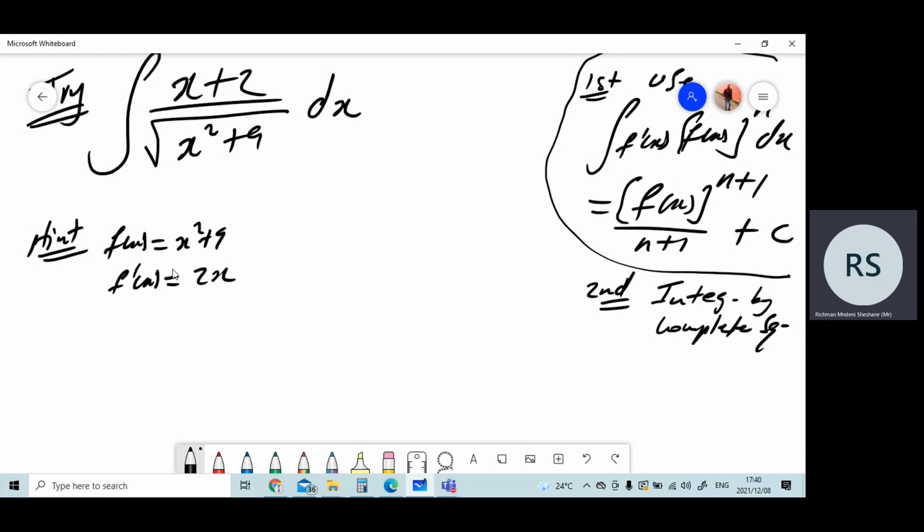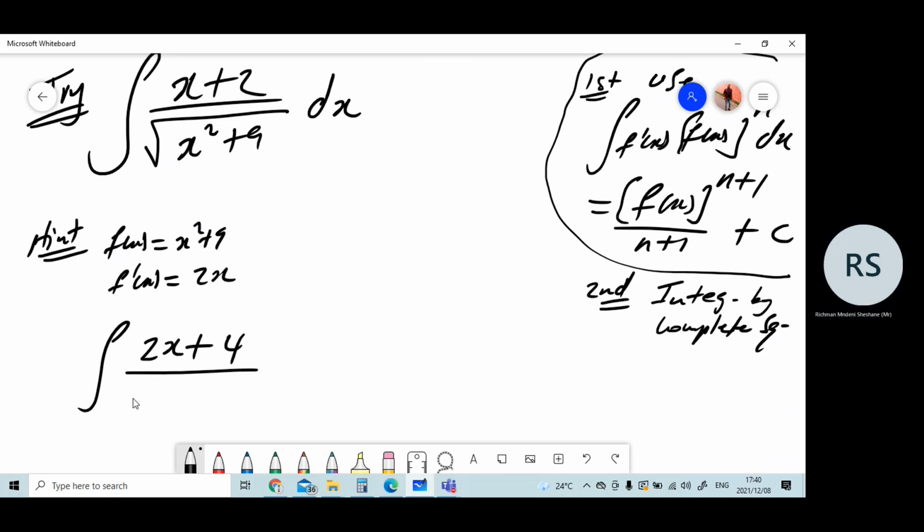So the derivative of a quadratic under the square root is 2x. So in the numerator, you need to have a derivative of this. So in the numerator, you need 2x, so I need to multiply by 2. After I multiply by 2 in the numerator, we need to divide it by 2.